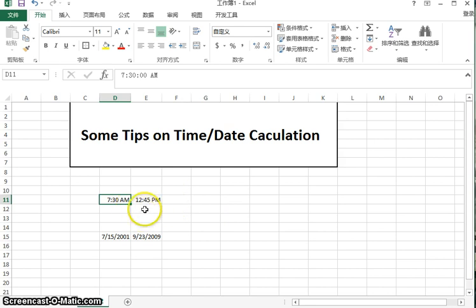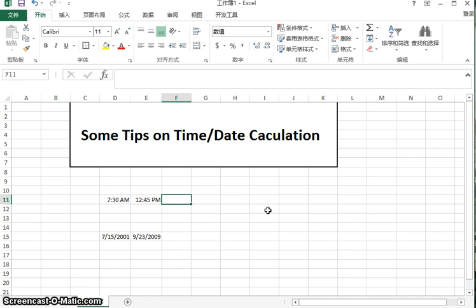Say we start work at 7:30 a.m. and end at 12:45 p.m. We ask Excel to calculate how many hours we worked during this period.